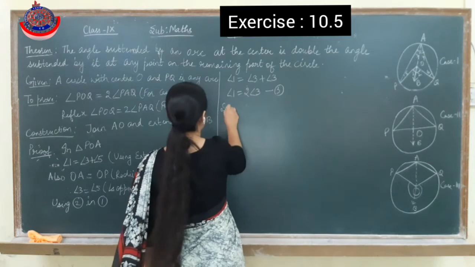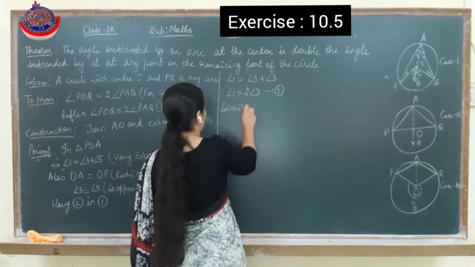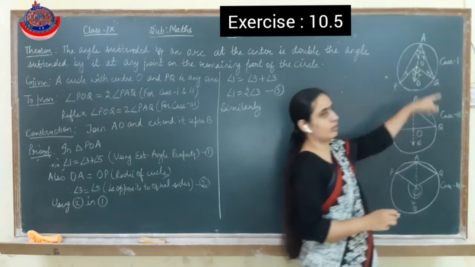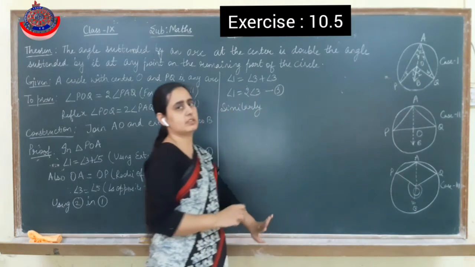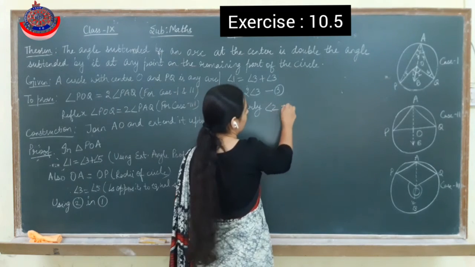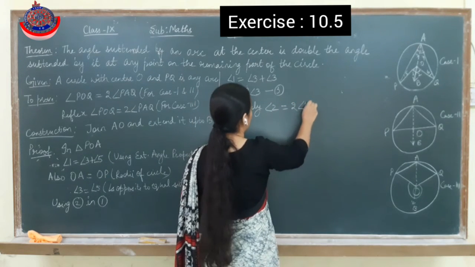Similarly, on the other side, in this triangle also, we apply all the same things, so angle 2 will be equal to double of angle 4.